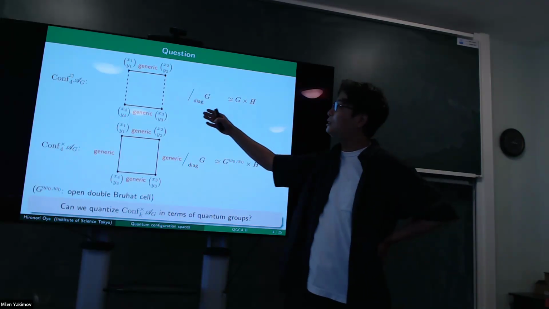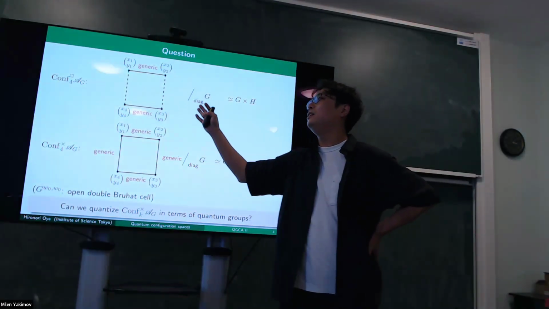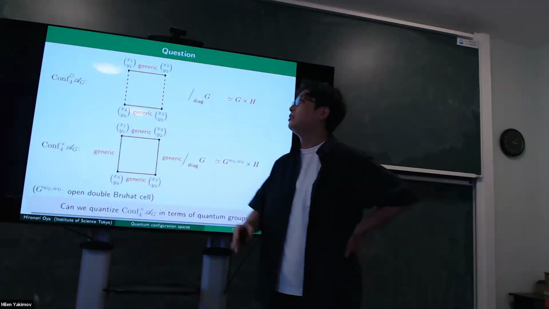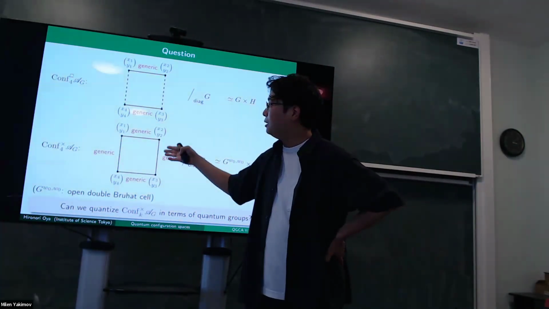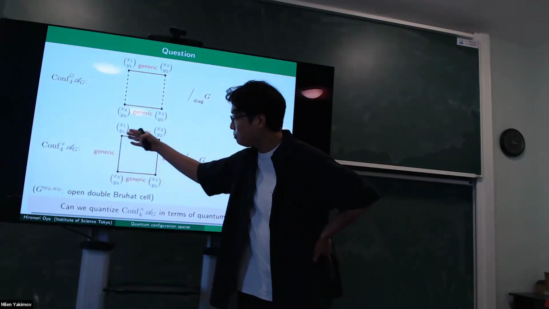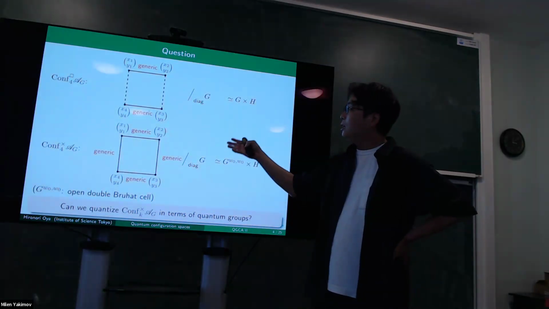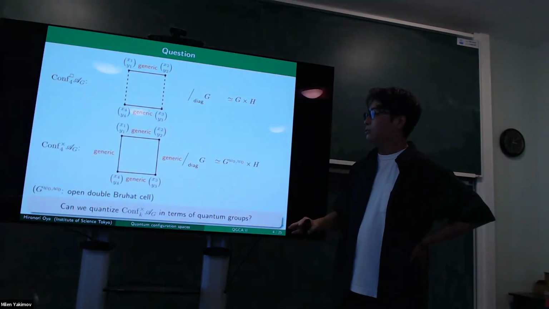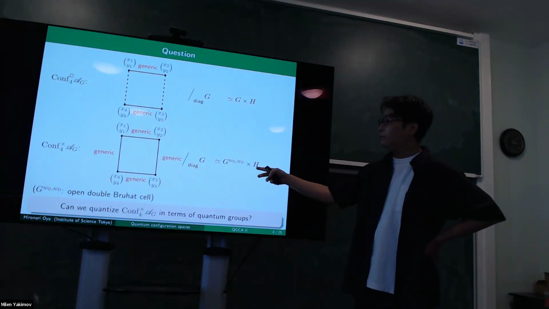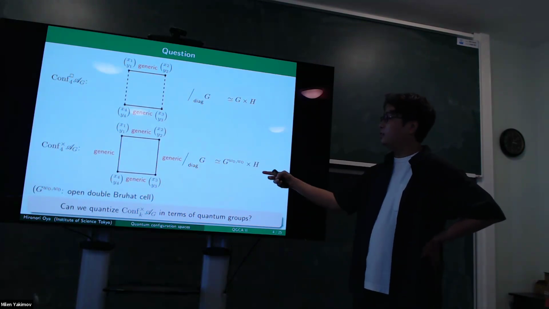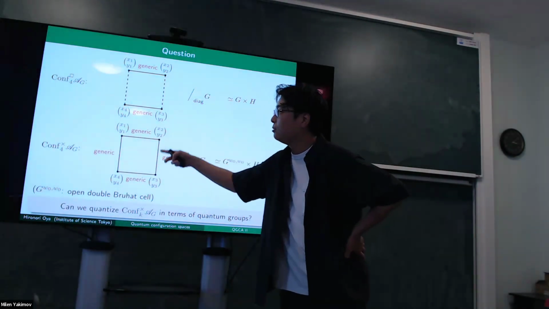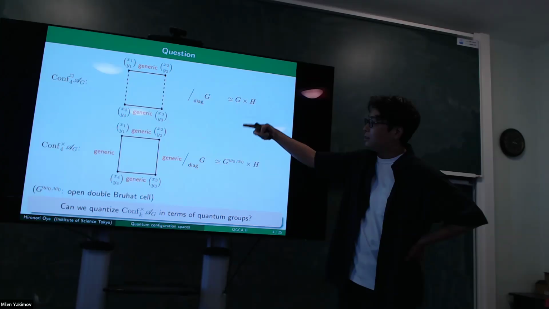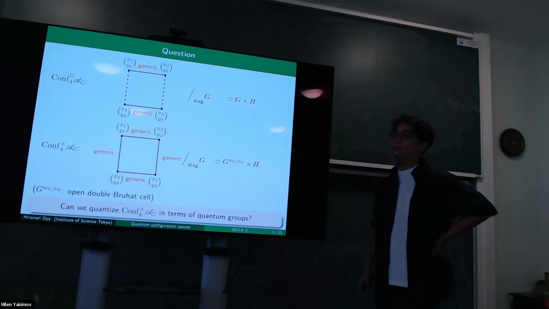And so this is, how to say, in some sense a partially generic configuration space. And if we consider the generic condition everywhere, then this is actually isomorphic to the open double Bruhat cell times H. So this generic condition corresponds to this localization.